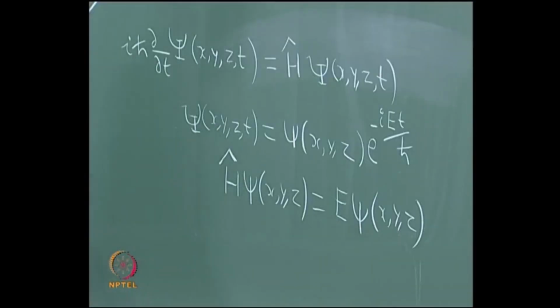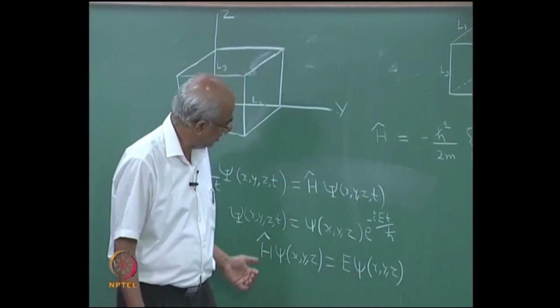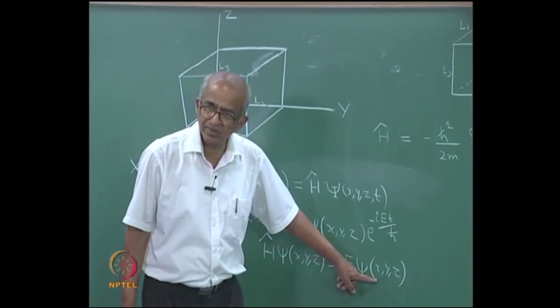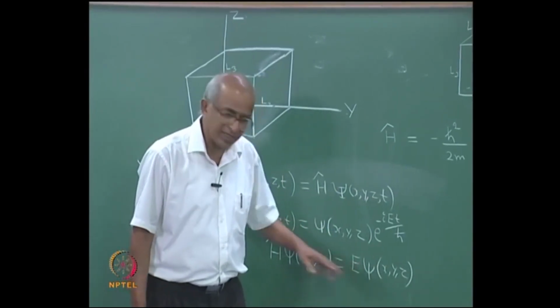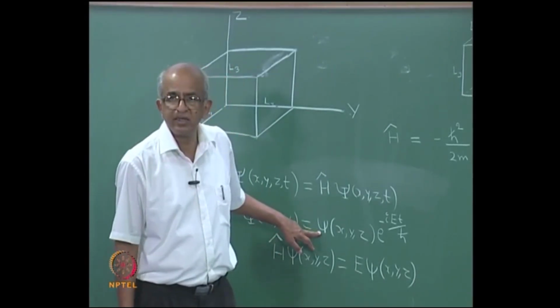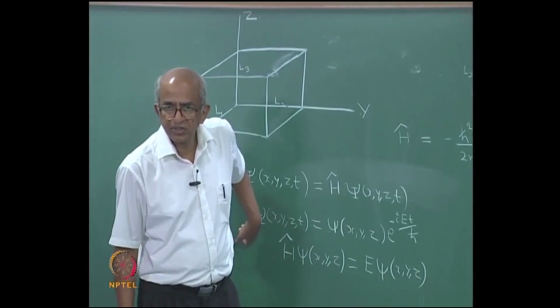So, if you can find the solutions of this equation, which essentially means that you have to find the eigenvalues of the Hamiltonian operator and the corresponding eigenfunctions, then any given eigenfunction of the Hamiltonian operator may be put in here and you will get a solution of the time dependent Schrodinger equation.